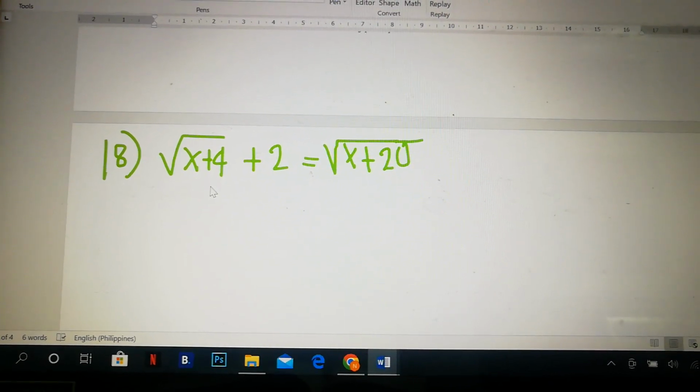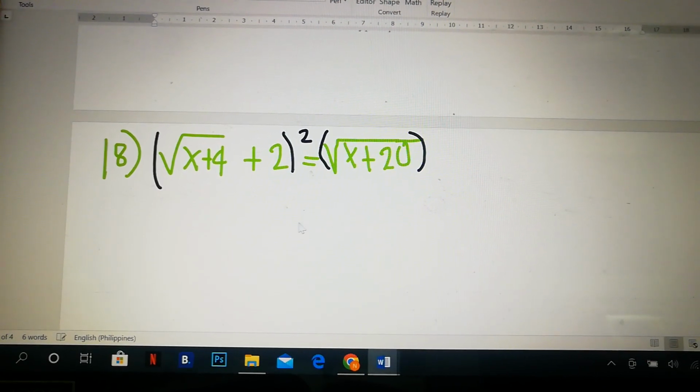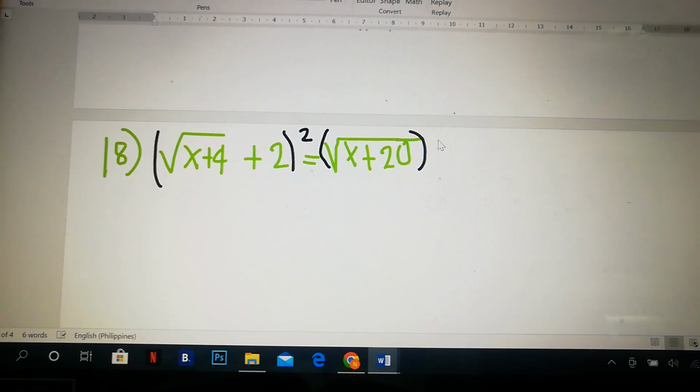So squaring both sides of the equation, again apply the square of a binomial.